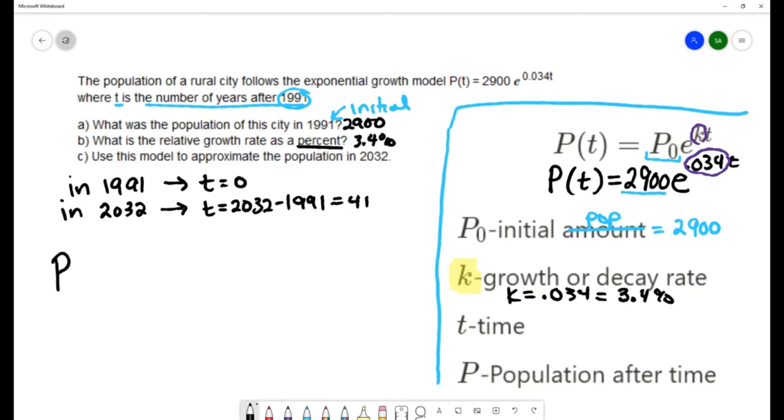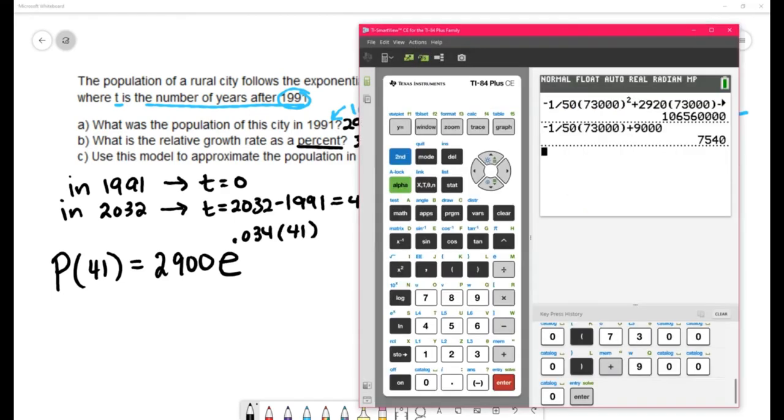So we're going to use our model. The population 41 years later is 2,900 e to the 0.034 times 41, and we'll get our calculators out for this one. And we're going to do 2,900 e to the 0.034 times 41.